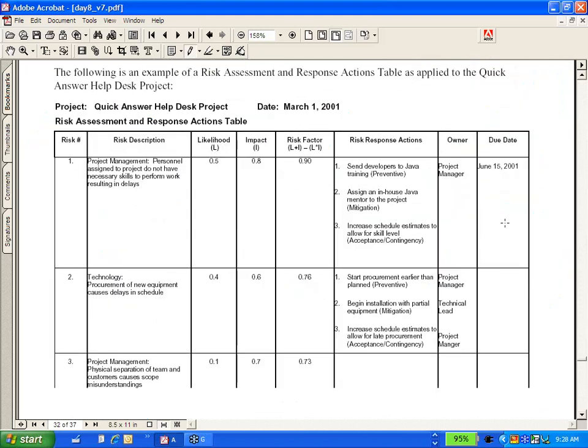So let's look at page 32. In your risk management plan, you will have a risk assessment and response actions table.